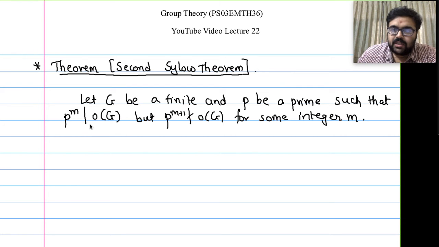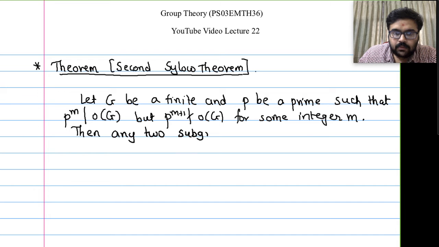But what this theorem says is that any two p-Sylow subgroups are conjugate. So any two subgroups of order p power m are conjugate.